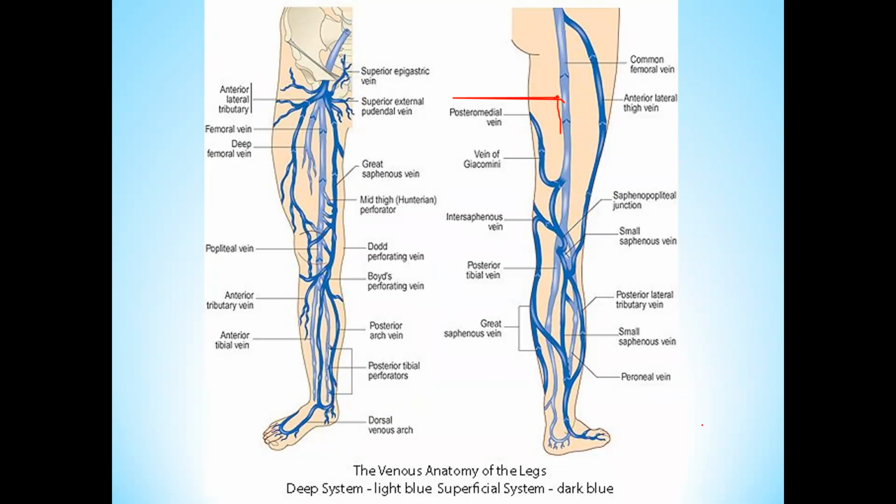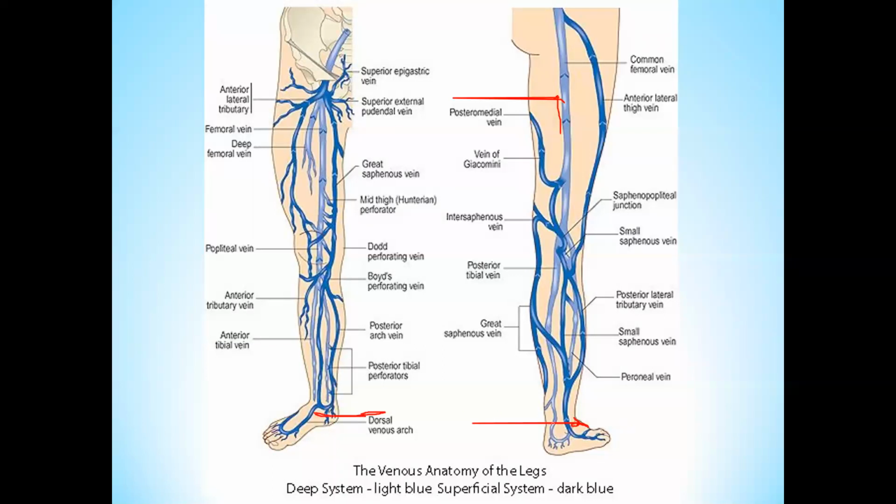Just for example, here you can see the small saphenous vein originates from over here, while the great saphenous vein originates from here.